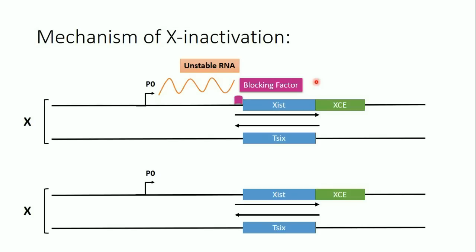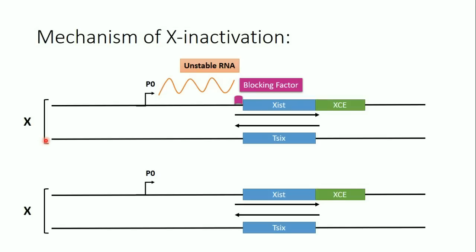Because this chromosome is going to be active, and in each cell, we need one active chromosome. And for the chromosome to be active, the XIST should be blocked. I don't know if you understand this. So let's say if the female is triple X, XXX, then we will have a blocking factor sufficient to block one X, and then one X will be active, and the other two X's will be inactivated.